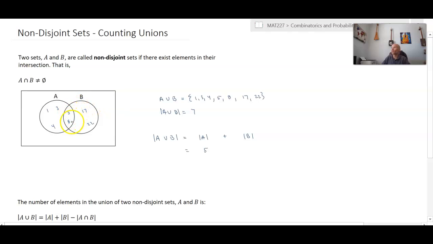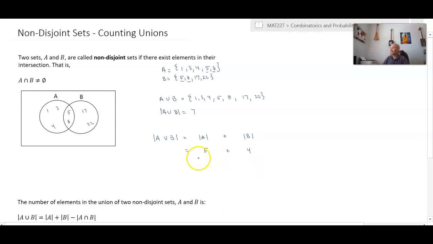B contains 1, 2, 3, 4 elements. So if I list them out, A contains 1, 3, 4, 5, and 8. All of those elements are members of A. B has members 5, 8, 17, and 22, and they share 2 of those elements in common, 5 and 8.